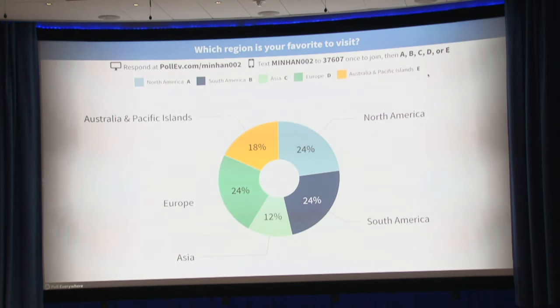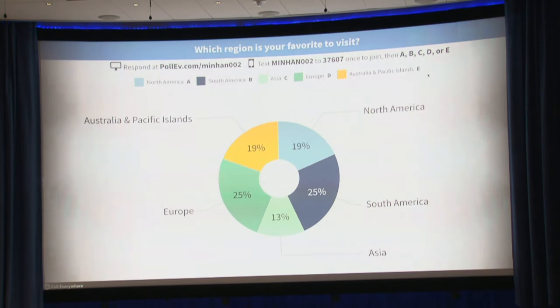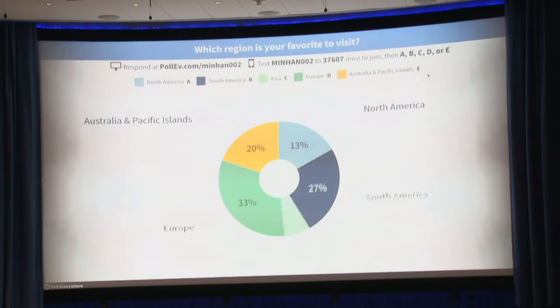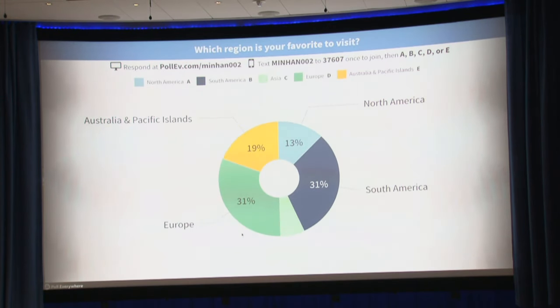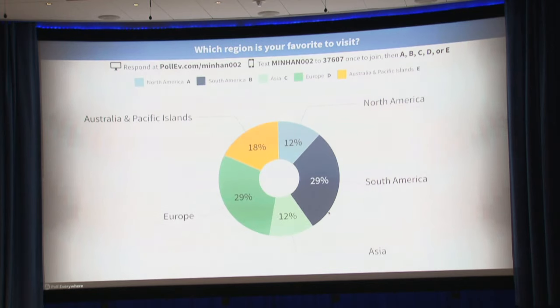They might be shy or they worry, what if I say something ridiculous? In that case, Poll Everywhere or other audience response systems reduce that kind of problem. Now I can see that Europe is a lot more popular than any other region, as well as South America.